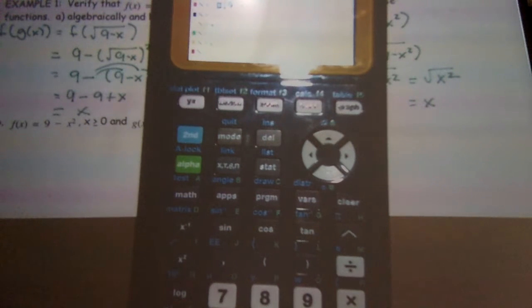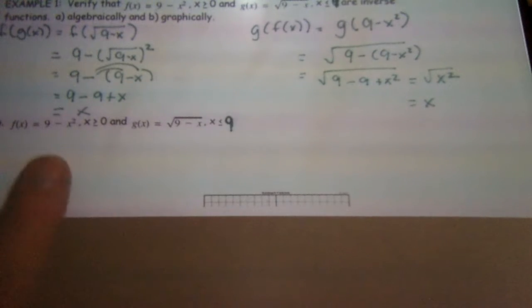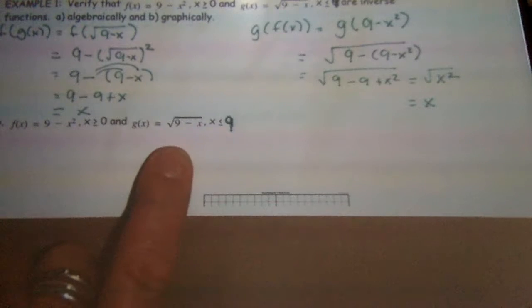I did 9 minus x squared and the square root of 9 minus x. These functions right here, 9 minus x squared and the square root of 9 minus x, are the functions I want to see graphically.